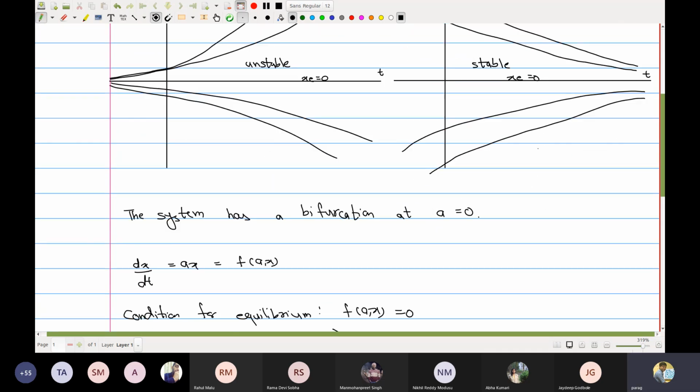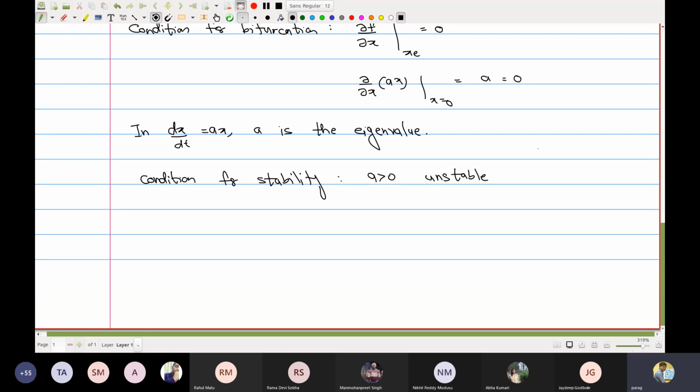right? So therefore, for a greater than 0 the system is unstable, which means the eigenvalue lambda should be greater than 0. And for a less than 0, the system is stable, which means that eigenvalue lambda must be less than 0.